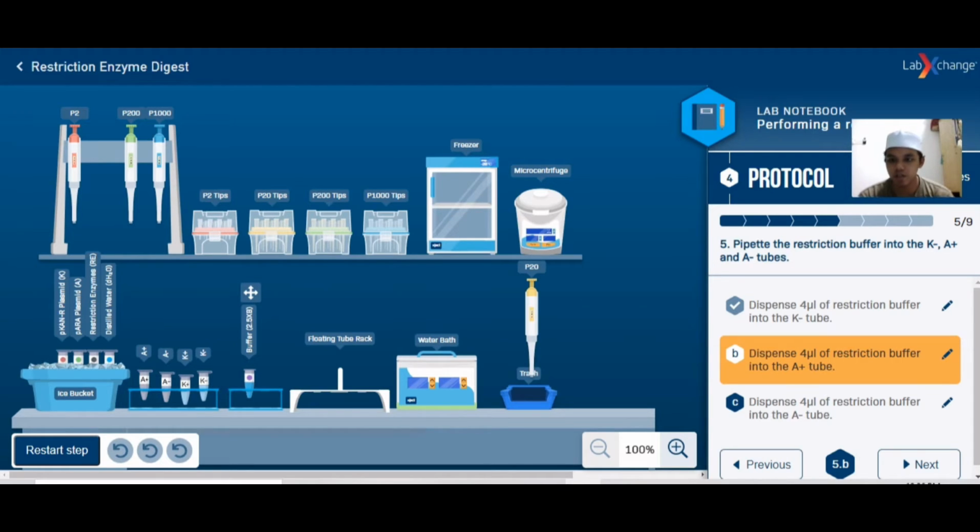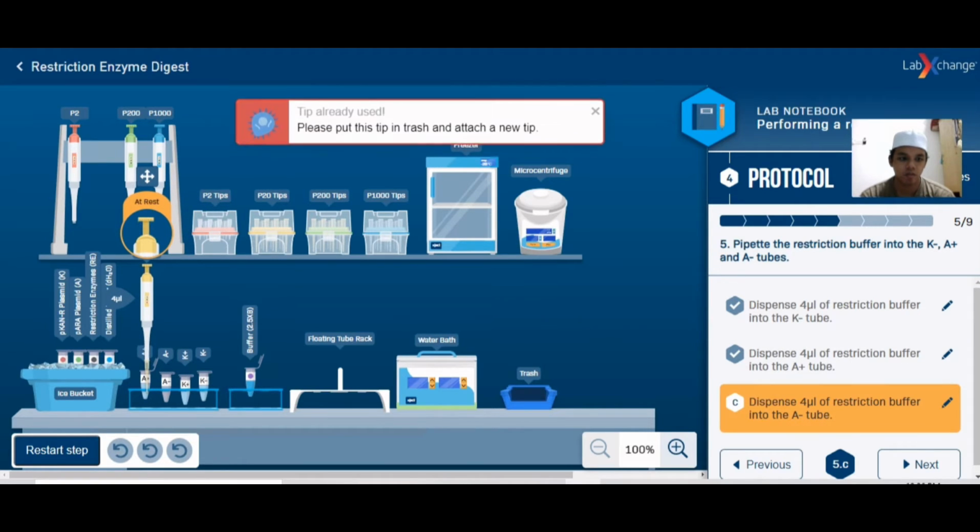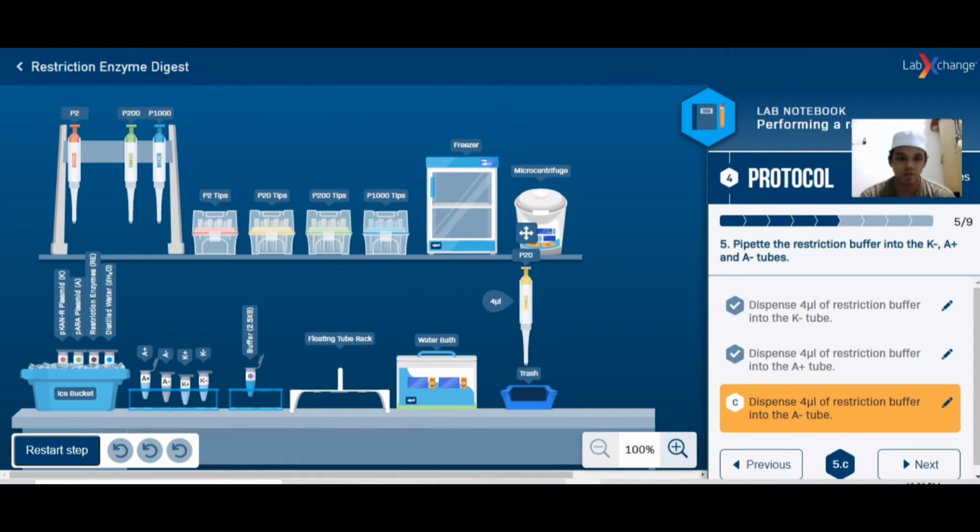Next, we need to dispense 4 µl of restriction buffer into the A plus tube. Then we dispense 4 µl of restriction buffer into the A minus tube.